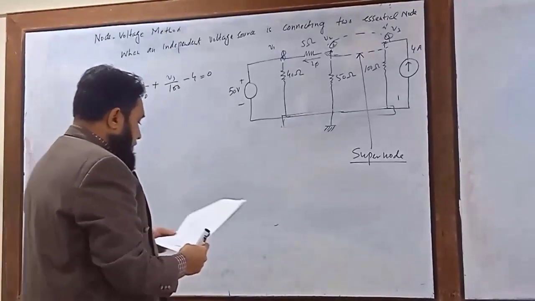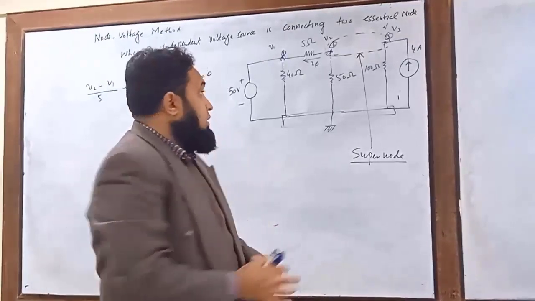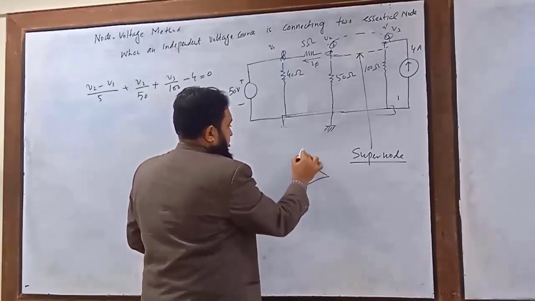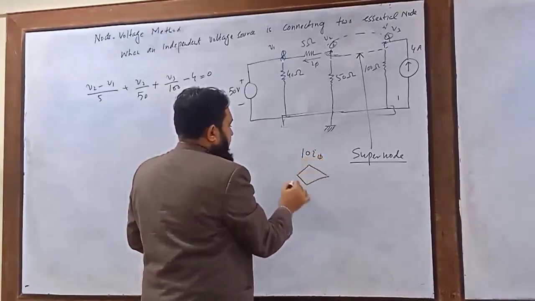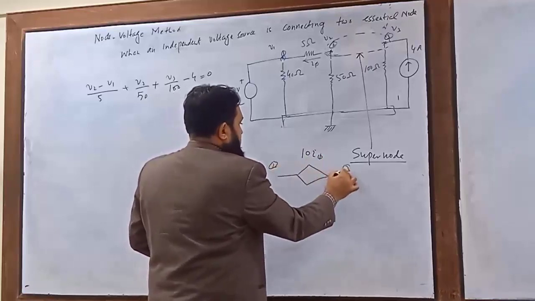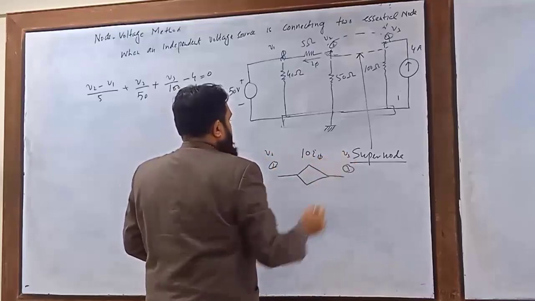So if you look at the original equation and we assume that the voltage is 10I5, so this is node number 2 and this is node number 3, voltage at node 2 and voltage at node number 3.